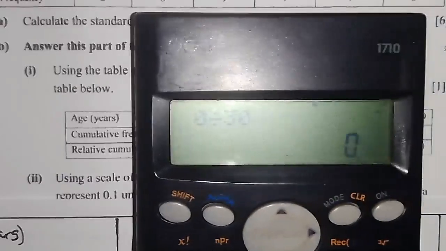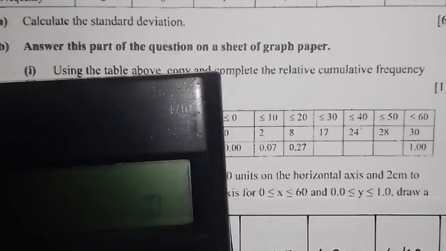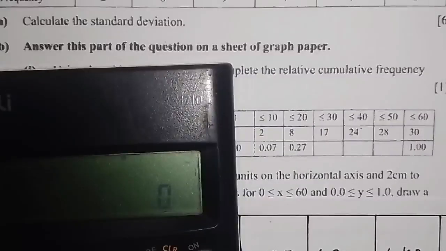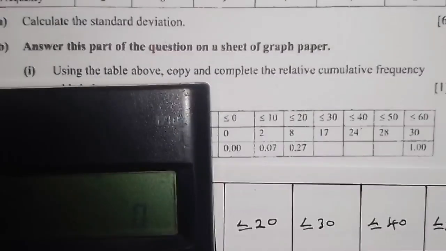So you get 0 as the answer. Once you get 0 as the answer, all you have to do is put the number of decimal places, like 0.00.